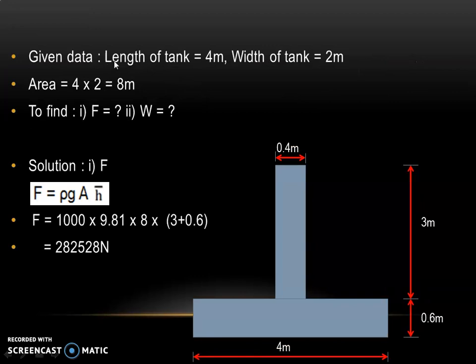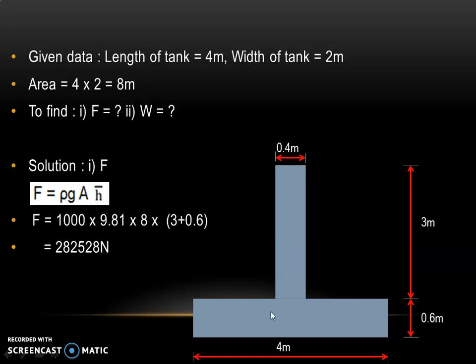Let us first mention the given data. First one is length of tank, that is 4 meter. Width, which is perpendicular to the slide, is 2 meter. So area at the base will be 4 into 2. We need to find F and weight. To find F, we know the formula F is equal to rho g A h bar, which is for a horizontal surface.